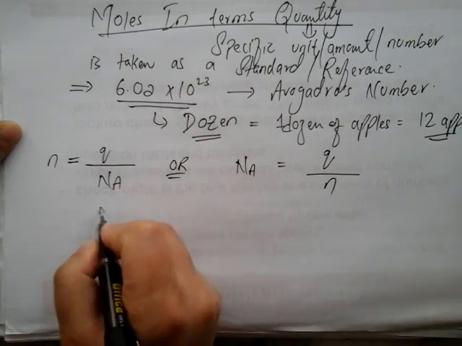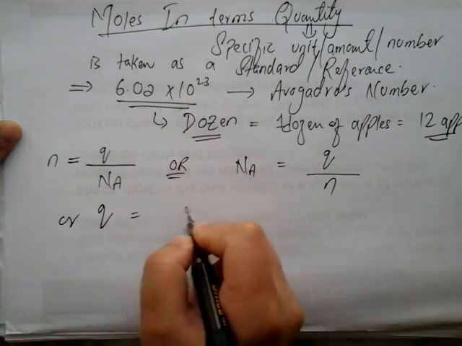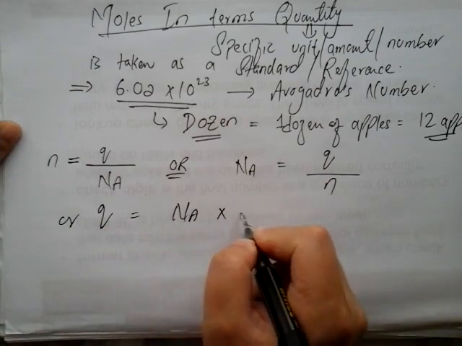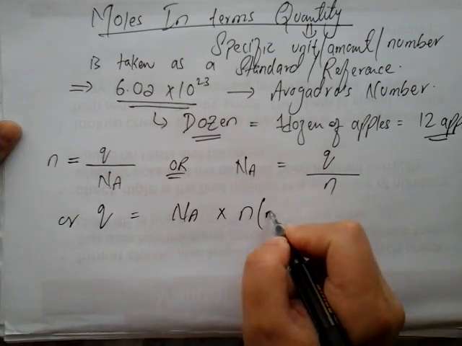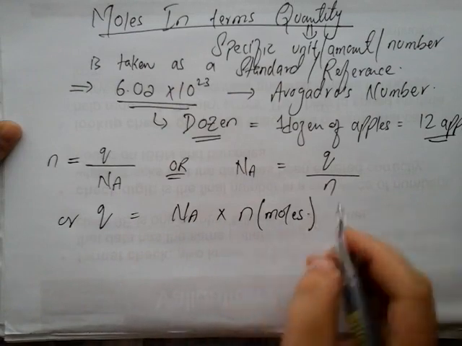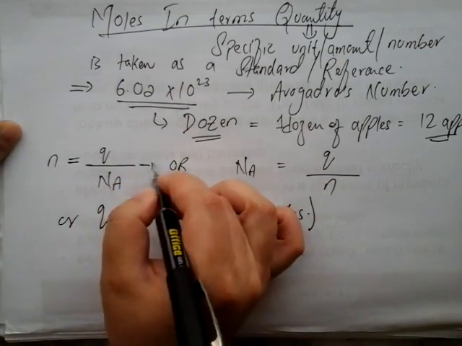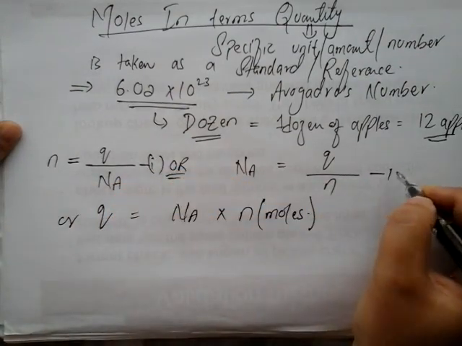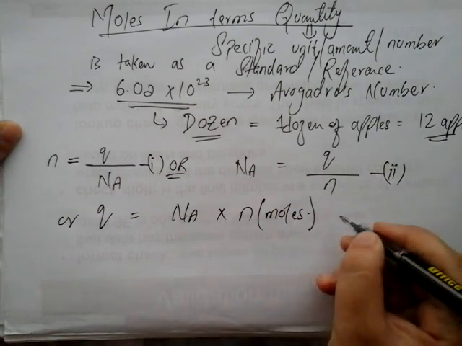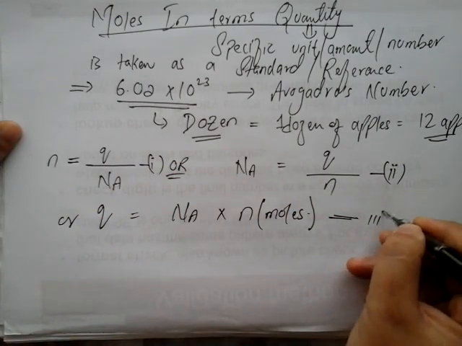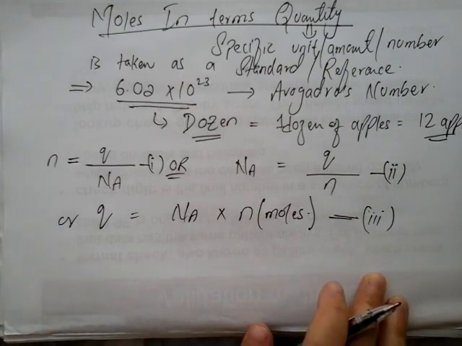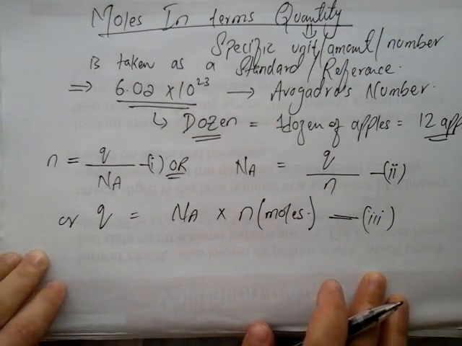Is that clear? Or quantity is equal to Avogadro's number multiplied by number of moles. This n represents number of moles. So from one equation we find basically 3 equations.